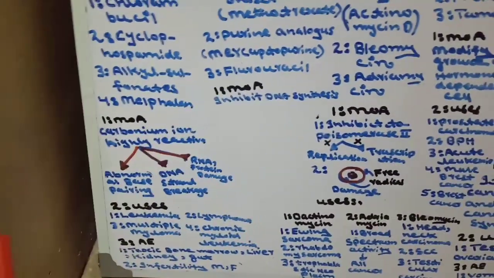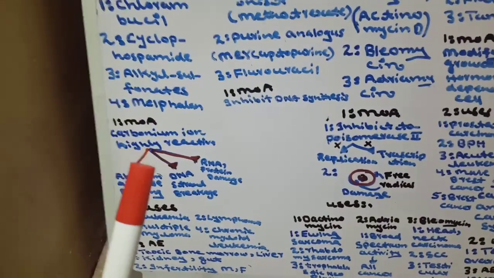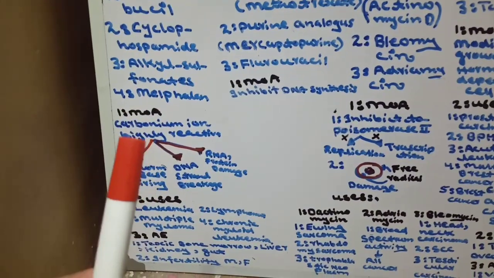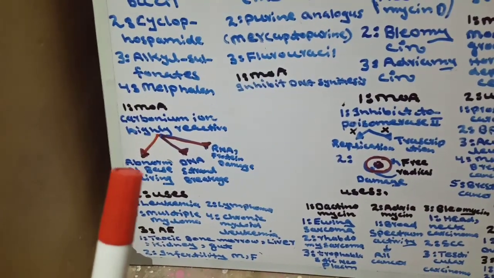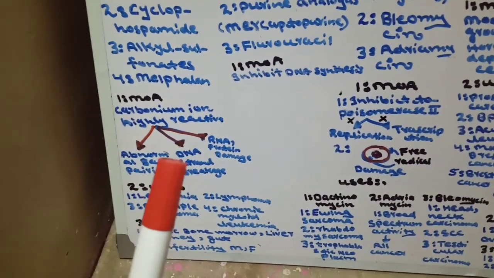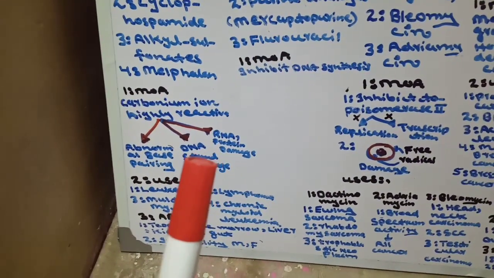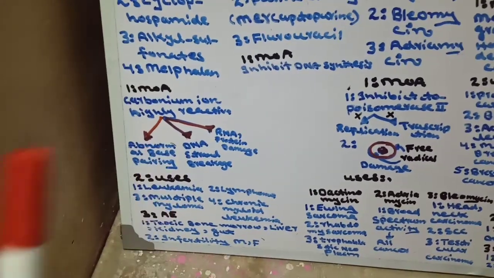In the mechanism of action, a highly reactive carbonium ion is produced, and it does three actions. Number one, abnormal base pairing. Number two, DNA strand breakage. Number three, RNA and protein damage. This is the mechanism of action of alkylating agents.